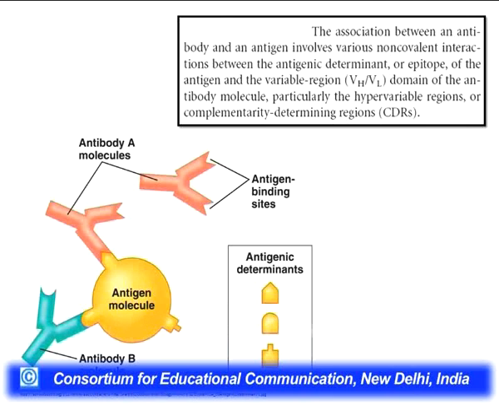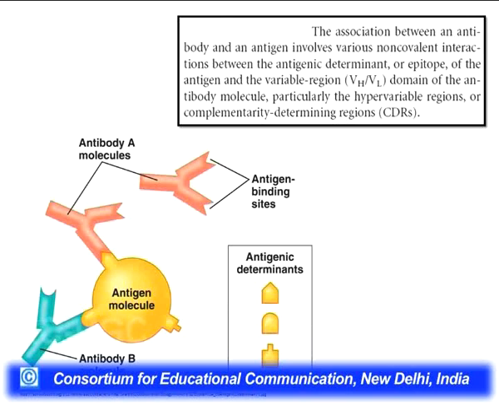Over here I have shown an antigen molecule which contains different surface epitopes, and each of these surface epitopes has a different antibody which binds to it, and each of these antibodies in the front, at the N-terminal end, contains antigen binding sites. With the help of these antigen binding sites, they bind to the epitopes.